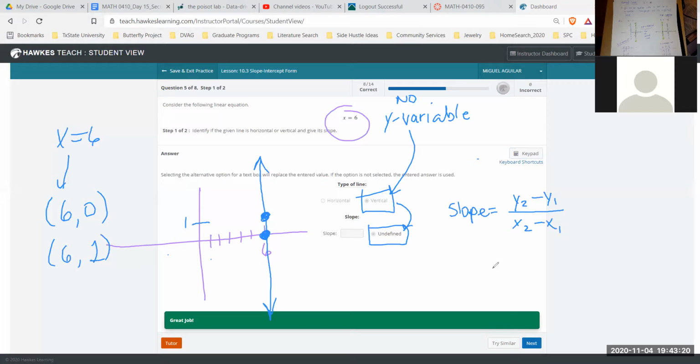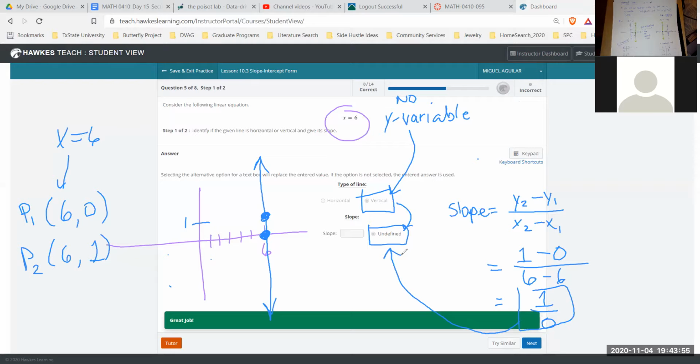If I plug those 2 points into my slope formula, let's call this point 1 and point 2, then y2 is going to be 1 minus 0 over 6 minus 6 on the bottom. Well, that's going to be 1 over 0, and that's the problem here. We cannot divide by 0 because that gives us undefined.